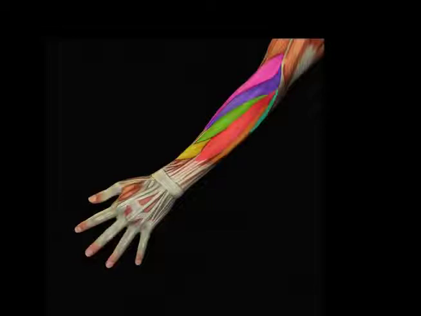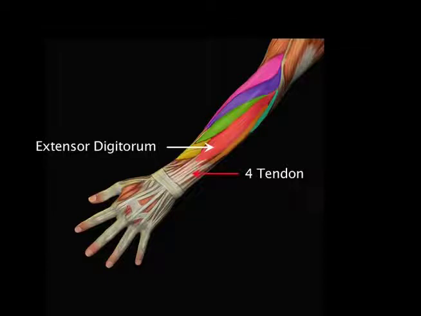This muscle also has a common origin along with other extensor muscles from the lateral epicondyle, and it has four tendons, which pass underneath the extensor retinaculum.